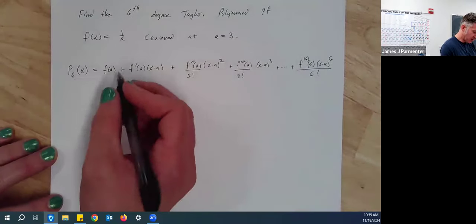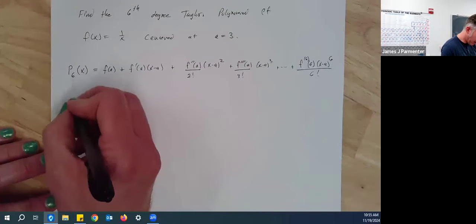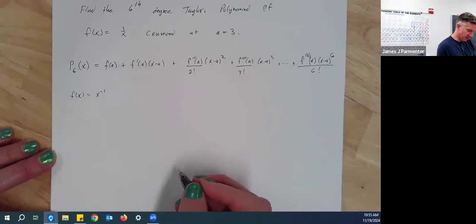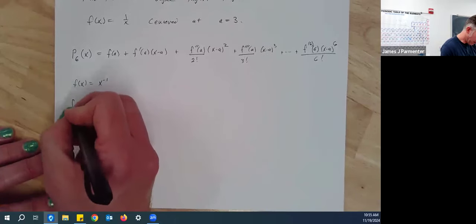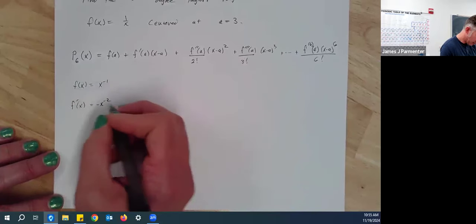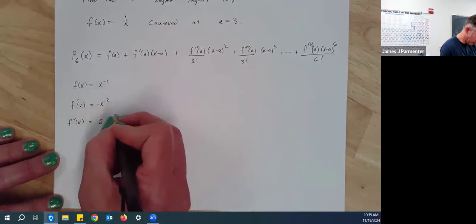So let's find our derivatives. This is definitely where, instead of writing f of x equals 1 over x, I'm going to write f of x equals x to the negative first. So then my derivatives are not too terrible to take. My first derivative is going to be negative x to the negative second. My second derivative is going to be positive 2 times x to the negative third.